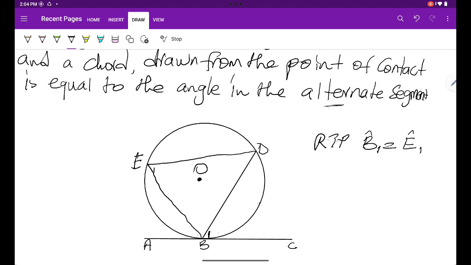So let us prove. When we prove a theorem, we must start with construction. Right, so we are going to construct. So let's do construction.